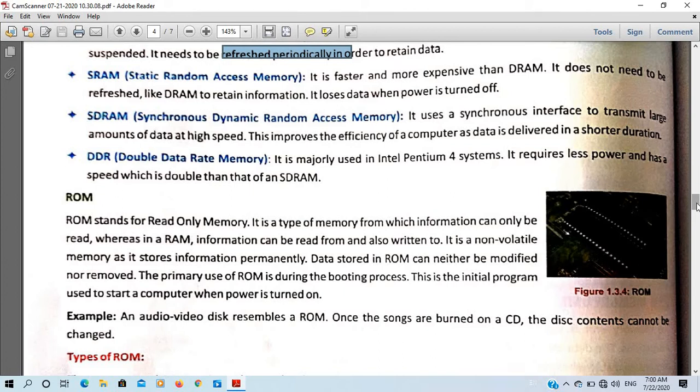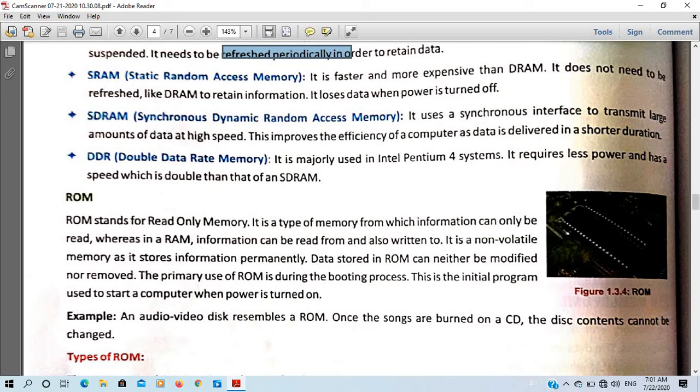Now, double data rate memory. It was the fastest in those days. Now we have more types of devices and more tools by which our computer has become faster. It is said that DDRAM was used in Pentium 4 systems.